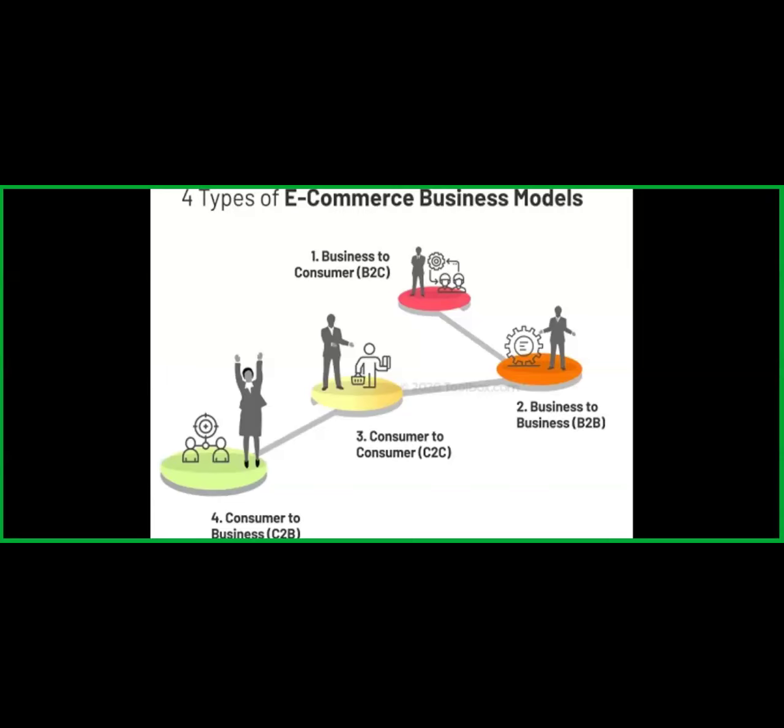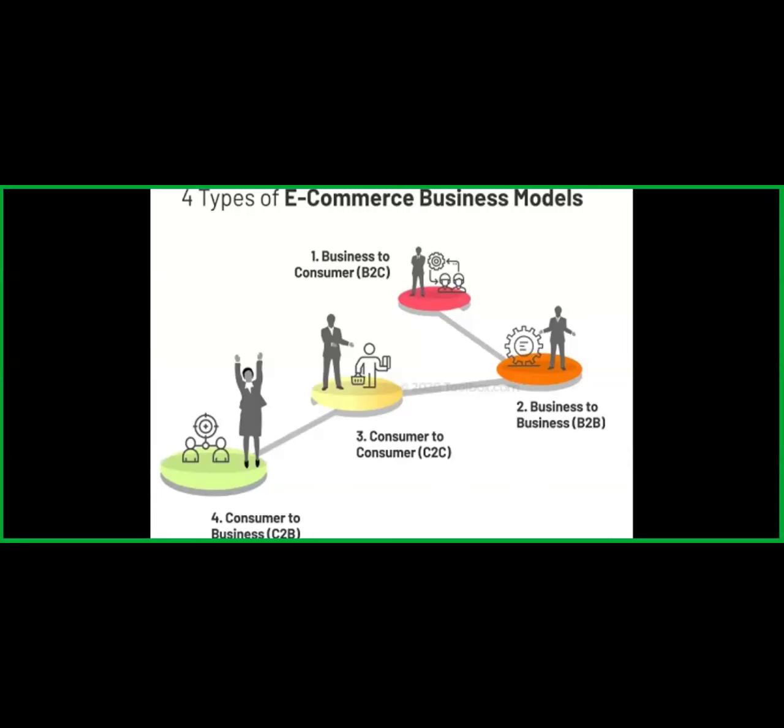Now, consumer to consumer, again, we all are aware of that how this consumer is selling some product to consumer, C2C. Now, consumer to consumer is that, you all are aware of that there is a platform called OLX. There is a platform called e-commerce platform called eBay.